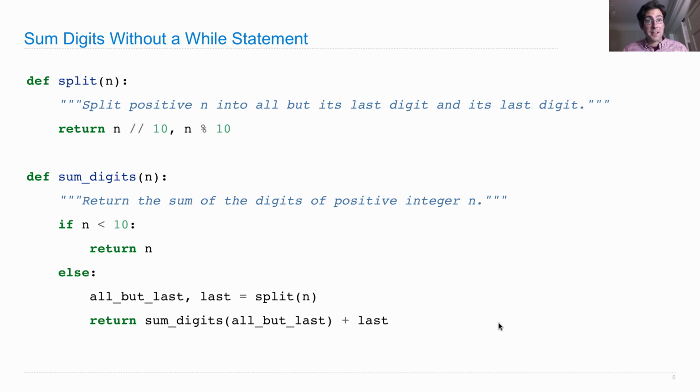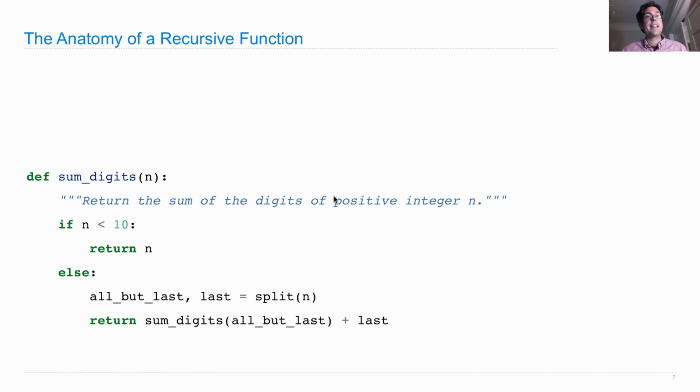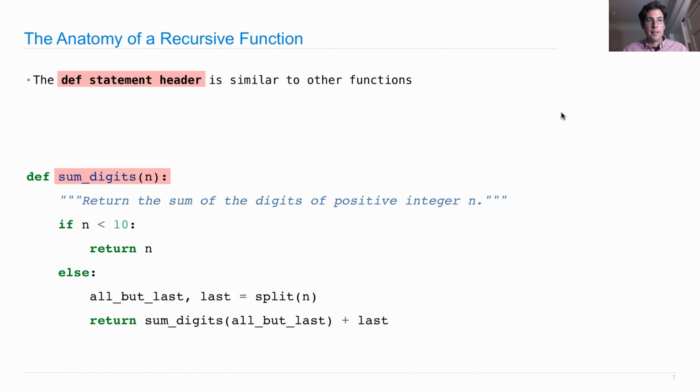This is a recursive function. Why? Because I call sum digits from within sum digits. This really does run. So let's look at the anatomy of a recursive function, and then we can try it out. So the way it works is that the def statement header is similar to any other function. You just give the function a name and some formal parameters.